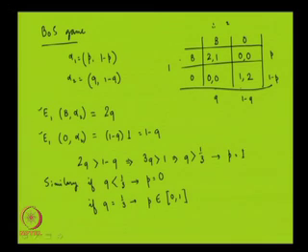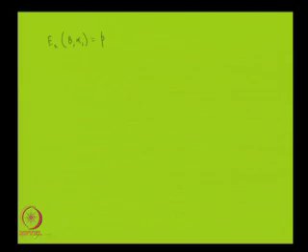If he is playing O, then with probability 1 minus p he is going to get 2.